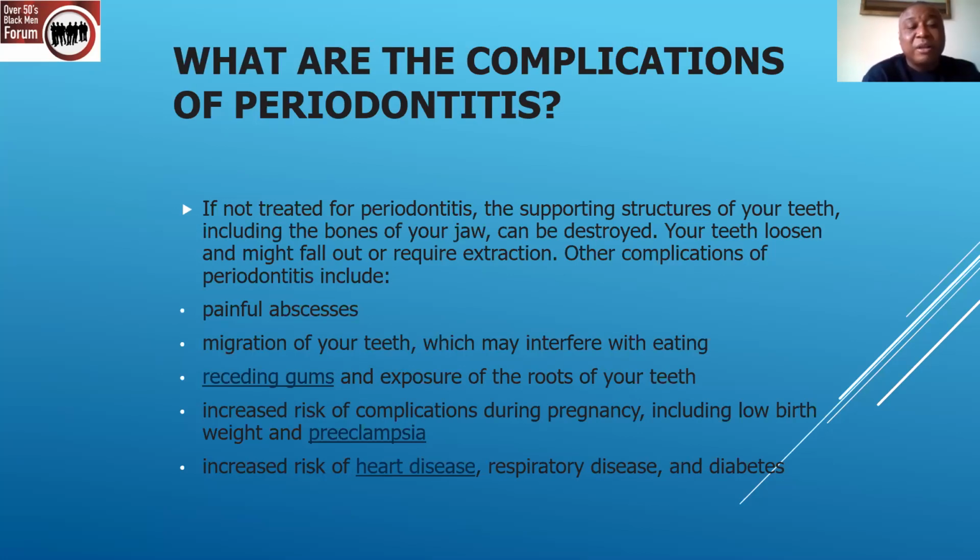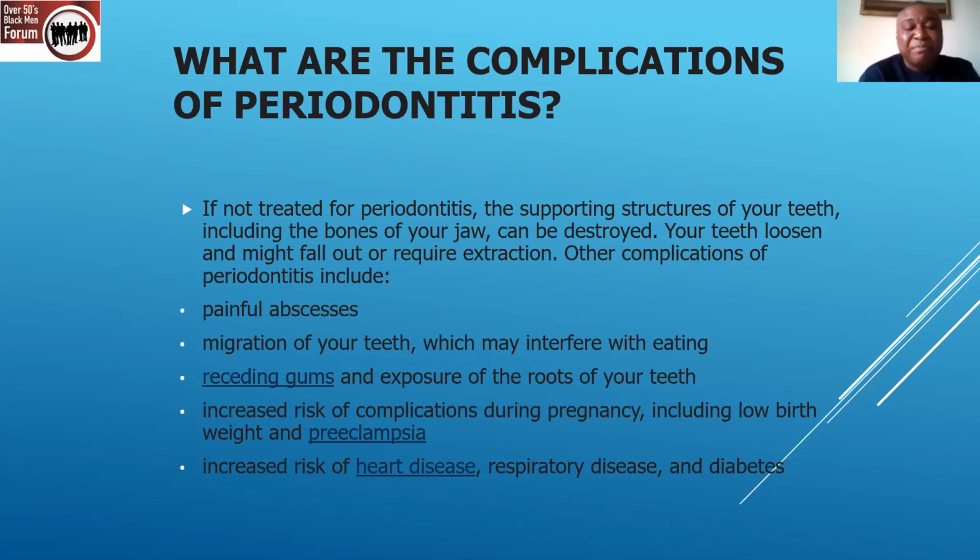And what are the complications? Really, it's more like we said. If not treated, you end up losing bone and you end up losing teeth. The teeth will move and drift about as well. You can get abscesses, and the gums will recede, exposing the roots. And once the roots are exposed, the teeth become a lot more sensitive.